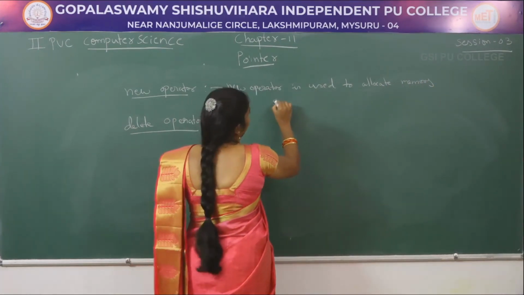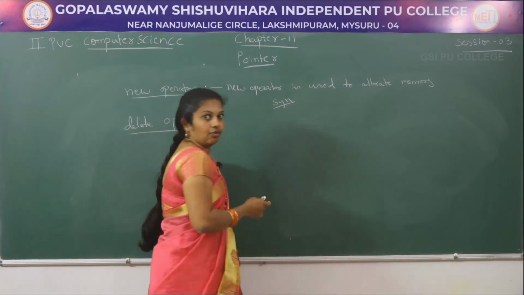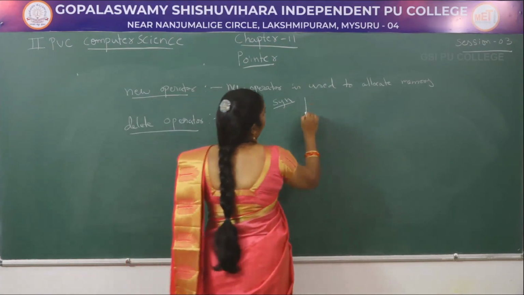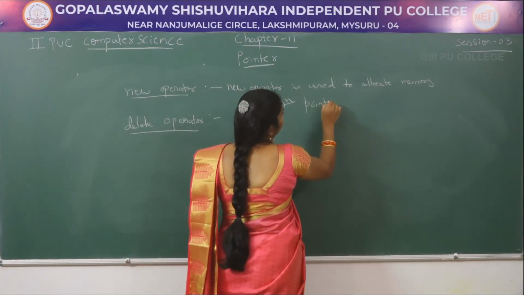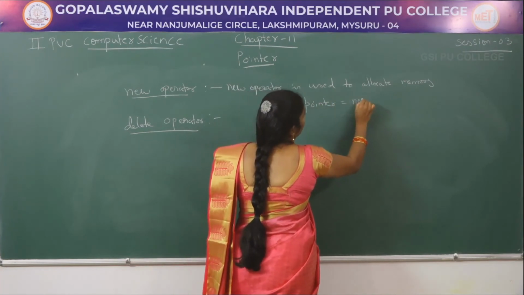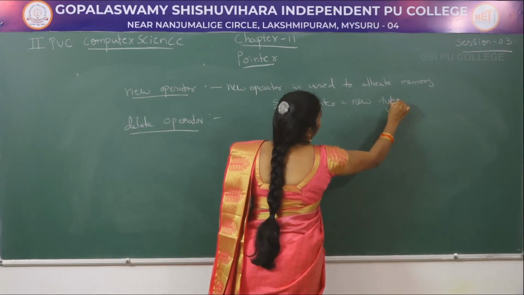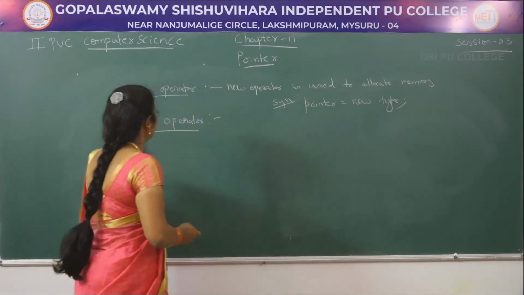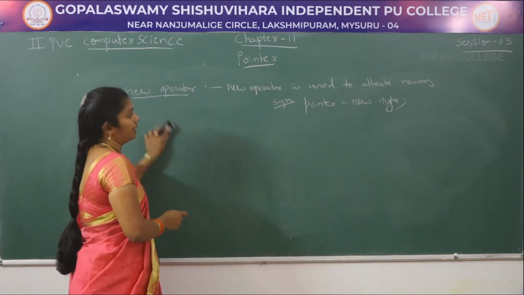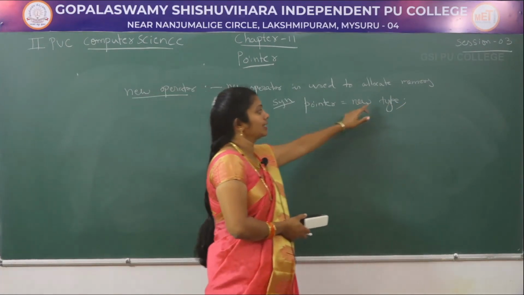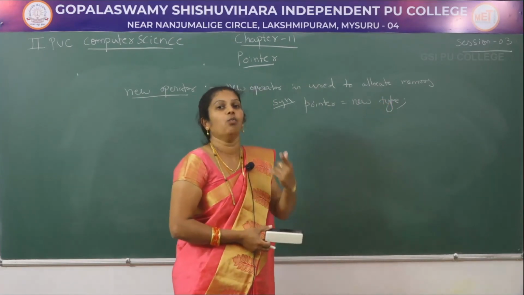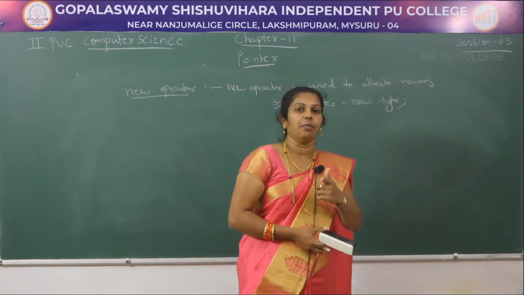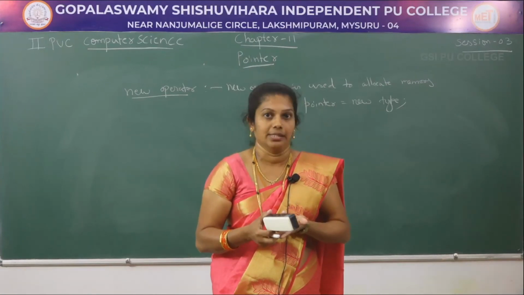While writing the syntax, we used to write pointer equals new type. Like this we used to write the syntax for new operator. At this time it allocates memory for a variable. If I want, I can allocate memory for an array of variables.